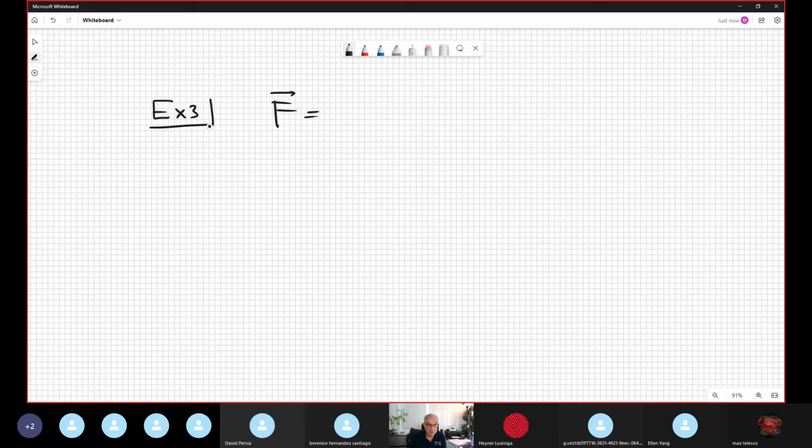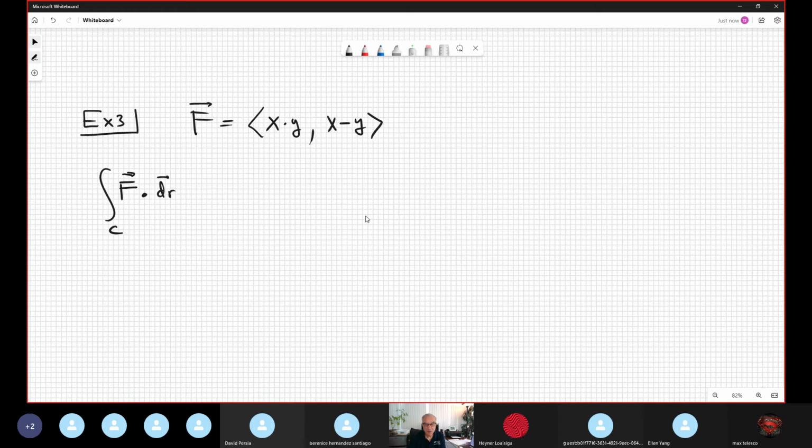It's a requirement. F equals x times y, comma, x minus y. And you need to compute this vector field dot dr over the curve C, which is a little bit complicated. Not too much, but a little bit.